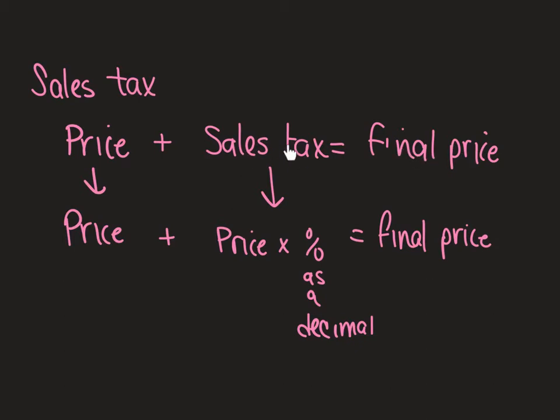So the sales tax is a little mini problem in and of itself. You're going to take the price times the sales tax. The sales tax is always a percentage, but you want to use that percentage as a decimal, which means you're going to have to hop backwards. And in order of operations, we multiply, so we find that little answer to that mini problem before we add.